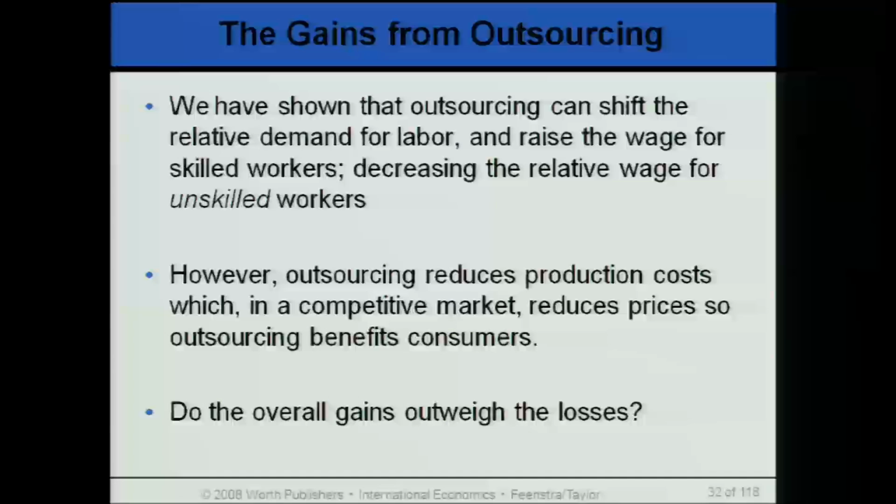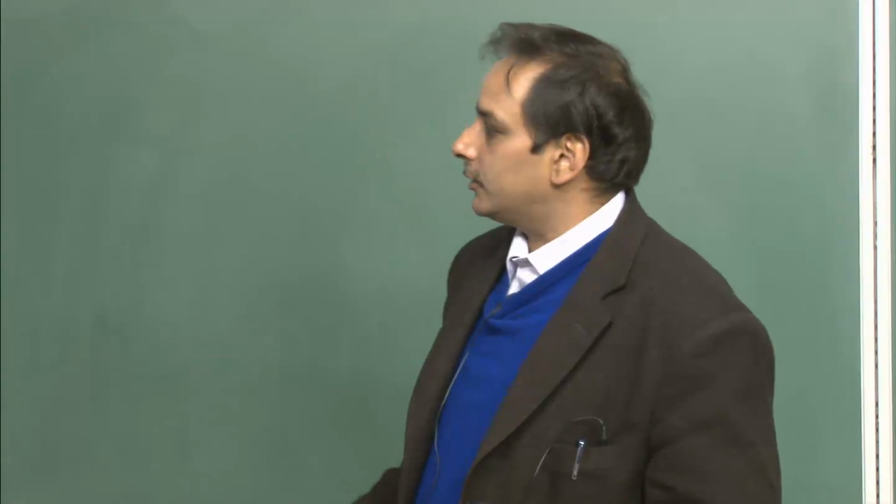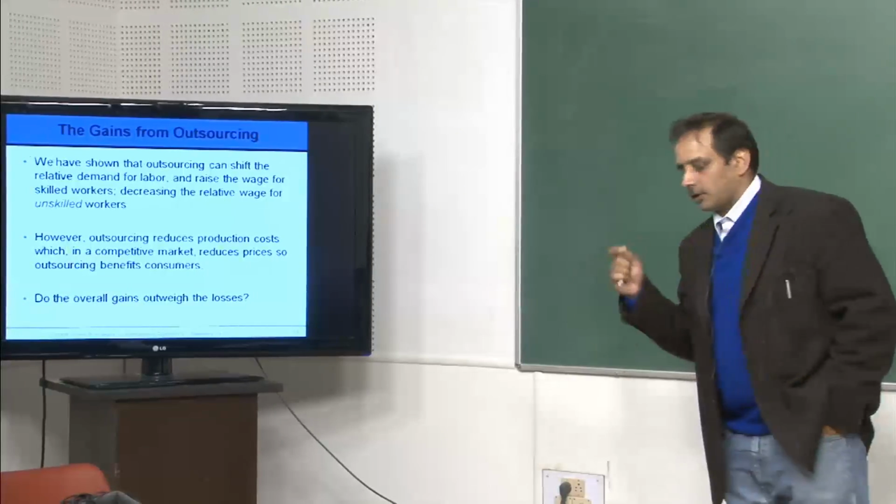So then we have shown that outsourcing can shift the relative demand for labor and raise the wage for skilled workers, decreasing the relative wage for unskilled workers. However, outsourcing, because it reduces the production cost, because you can transfer the unskilled labor intensive job to the foreign country, because it has lower wages, reduces prices, so outsourcing benefits consumers.